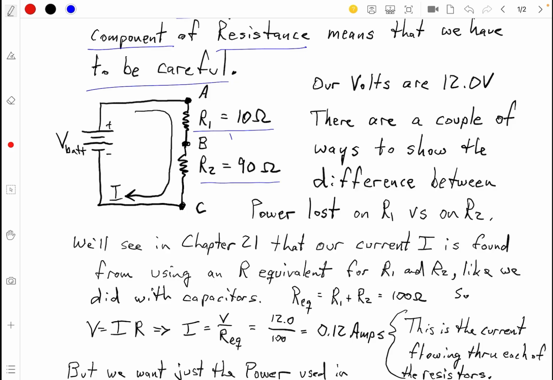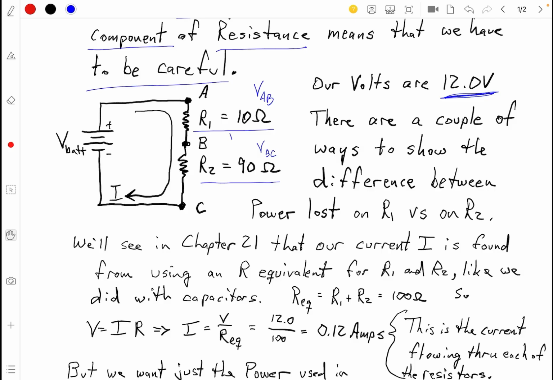So we either have to figure out what the voltage is from VAB, or we need to figure out VBC, but the voltage of the battery isn't going to work for us. We can't just use this voltage for both R1 and R2 because that'll give us the wrong answer.